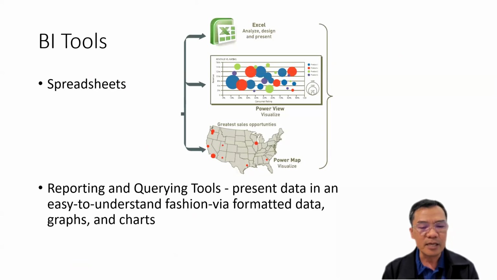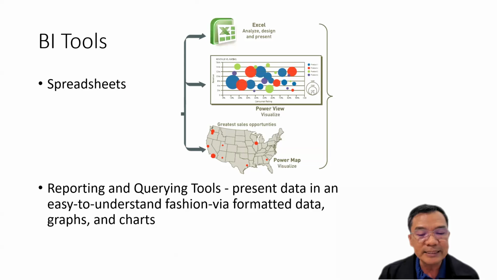Next is BI tools. The most simple business intelligence tool is a spreadsheet. In fact, our examples on the use of tools will start with spreadsheet. Basically, the basic is spreadsheet because it's always accessible to many of the decision makers.